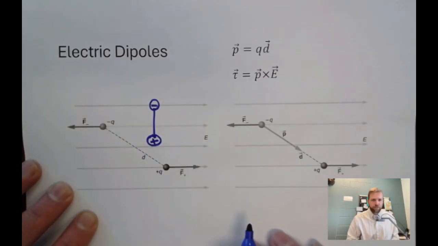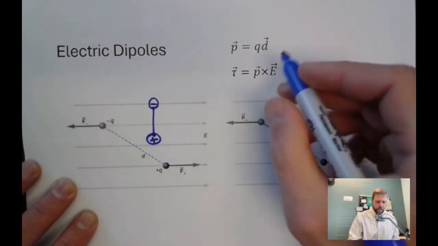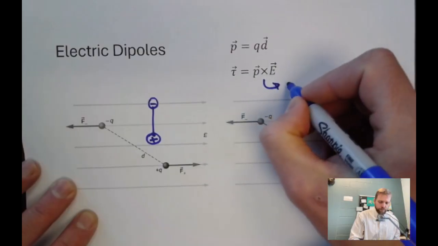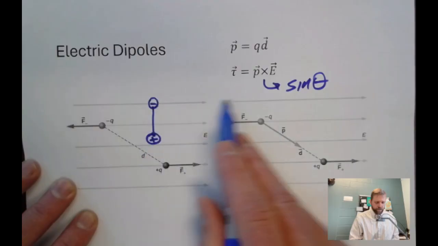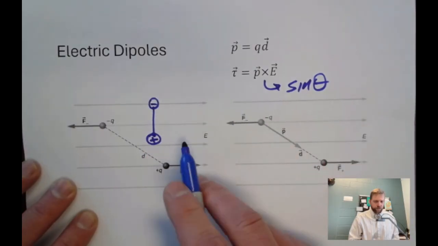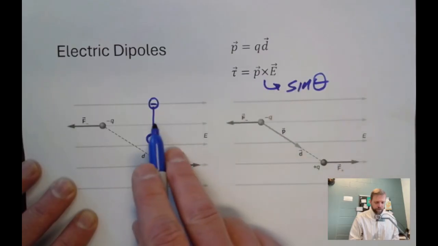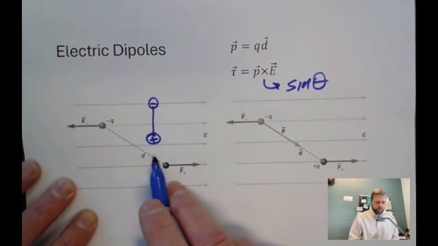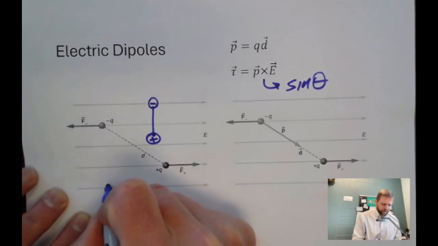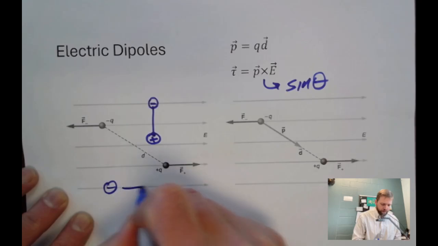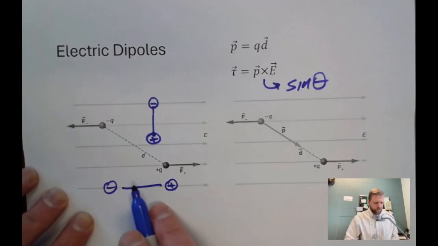This is where the maximum torque is going to be experienced, because the cross product gives you the sine of the angle between the two vectors. And so here the angle between the dipole vector and the electric field vector is 90 degrees. And then it's, of course, at a minimum when they are aligned, okay?